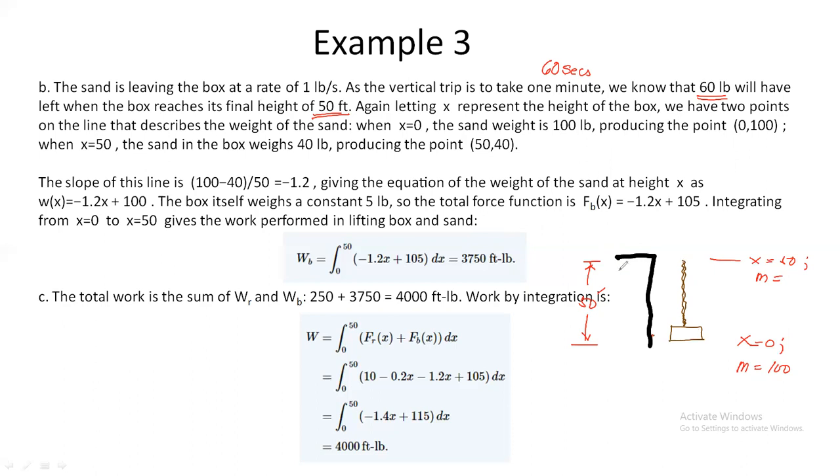And when it reached this height, the mass remaining is just, since 60 has leaked, the mass remaining is just 40. So if you want a relationship regarding the force due to the sand, I'd like to have here due to the sand, not to the rope, because we use R for the rope. That should be in terms of X.